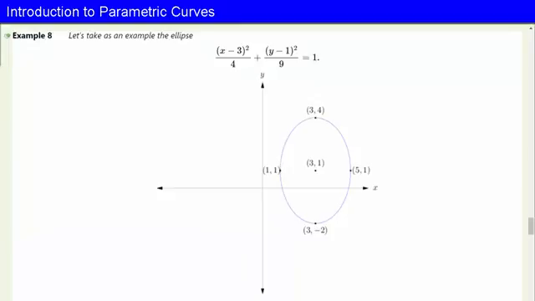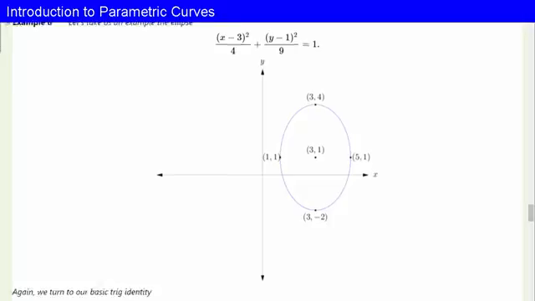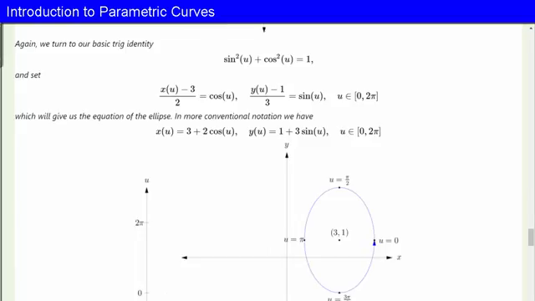For ellipses, let's take as an example the ellipse (x minus 3) squared over 4 plus (y minus 1) squared over 9 adds to 1. Again, we turn to our basic trig identity, sine squared u plus cos squared u equals 1.